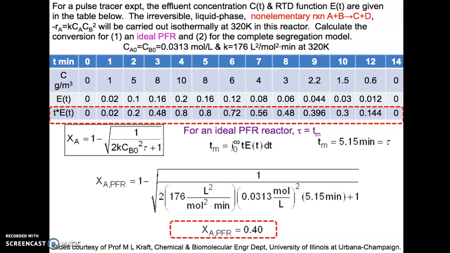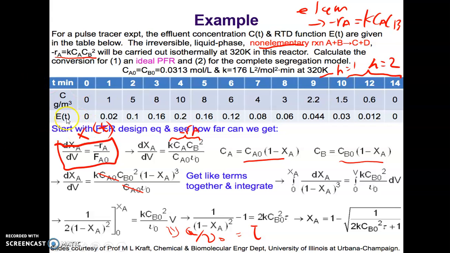So if you are aware, just now this ET is actually what you have calculated earlier. So in this case, you calculate the ET first. Remember, ET from my previous video is actually what? CT over the integral of CT from 0 to infinity. So you calculate back the ET here for this value.